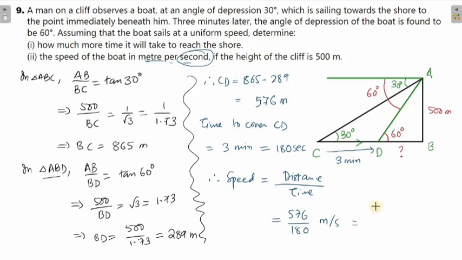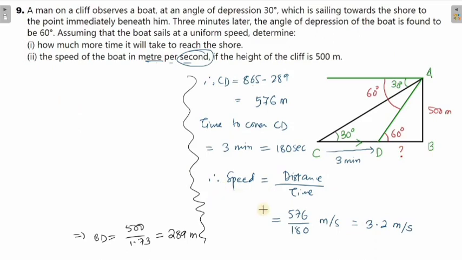So your answer will be 3.2 meters per second. So I've got the speed. Now the question is asking how much time is required to cover DB. I don't have space here right now, so first pause the video and note down till here so that we can see the next part of the question.